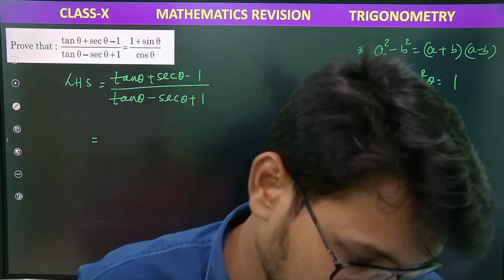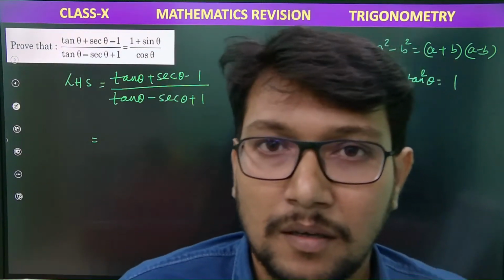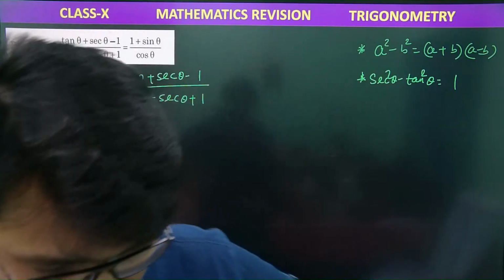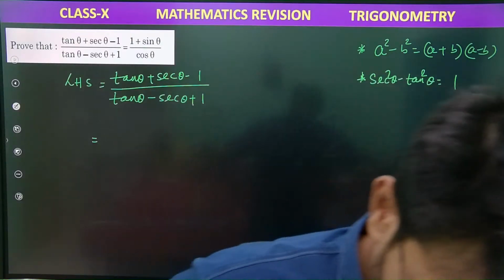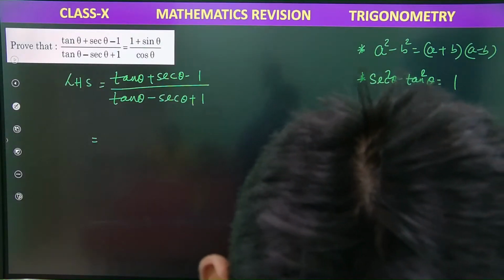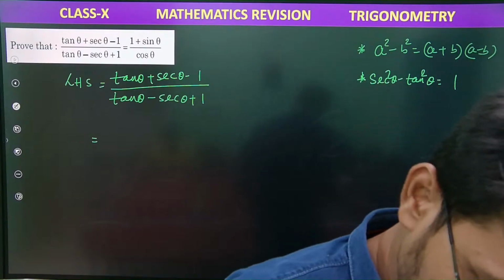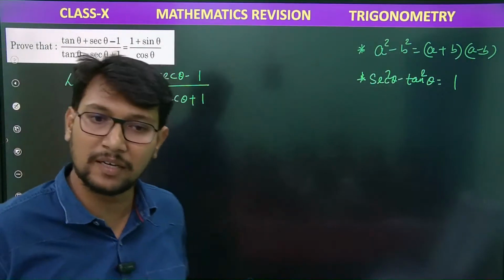Everyone? Clear? What happened? You should write this as (sec theta minus tan theta) into (sec theta plus tan theta). Square to only. Okay, over.